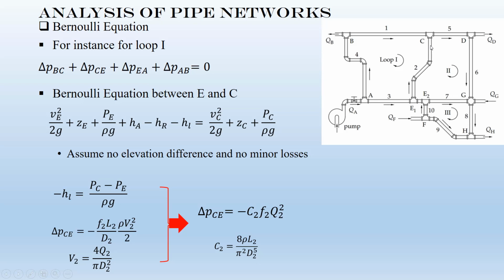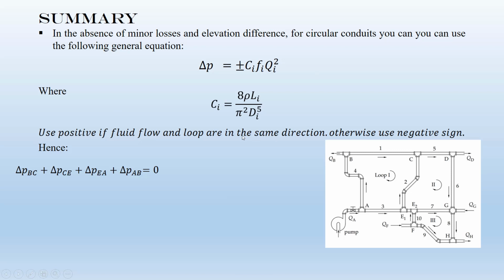When the fluid flow and the loop are in the opposite direction, you should write the delta P equals negative Ci Fi Qi squared. So you can develop a general equation based on this conclusion. You can write the delta P for each loop equals plus minus Ci Fi Qi squared, correct?